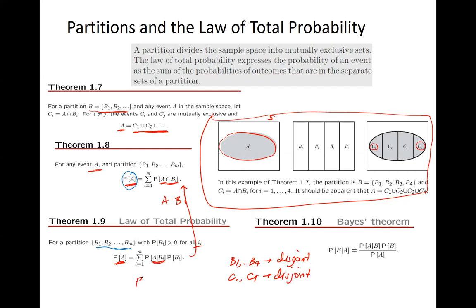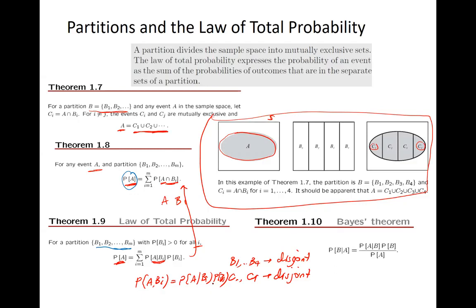Remember that probability of A intersection Bi is going to be probability of A given Bi times probability of Bi.